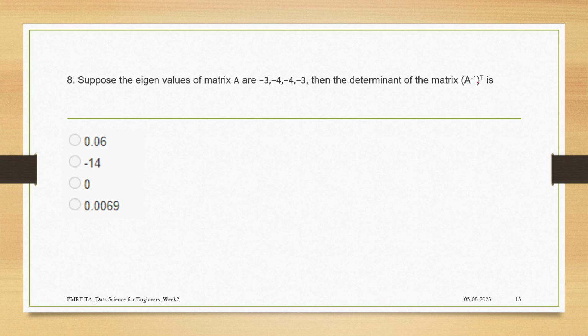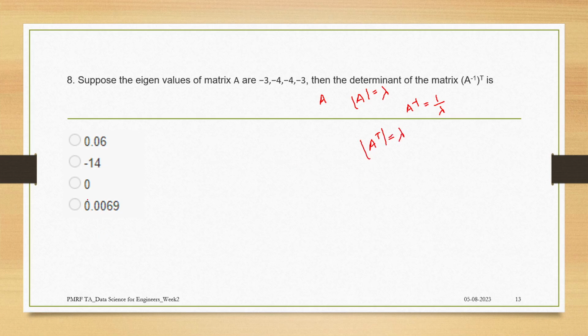So we have learned a formula: if determinant of A is lambda, then determinant of A inverse is 1 by lambda. Also, determinant of A is lambda, determinant of A transpose also is equal to lambda.